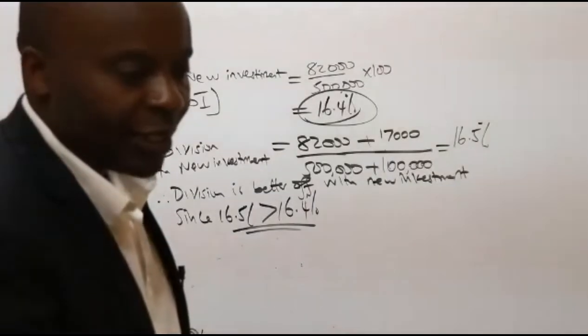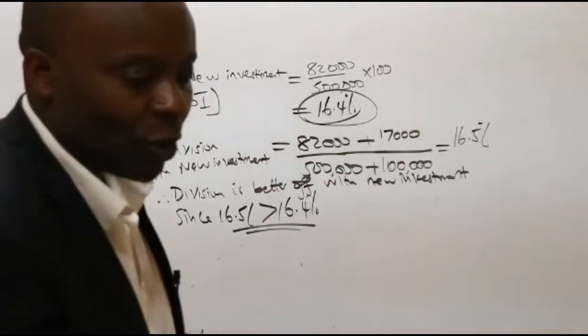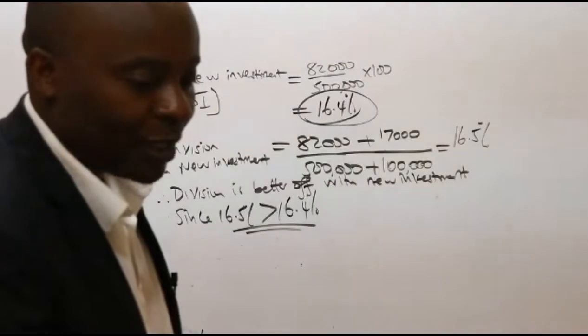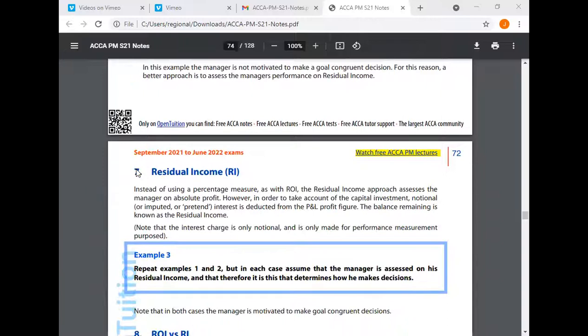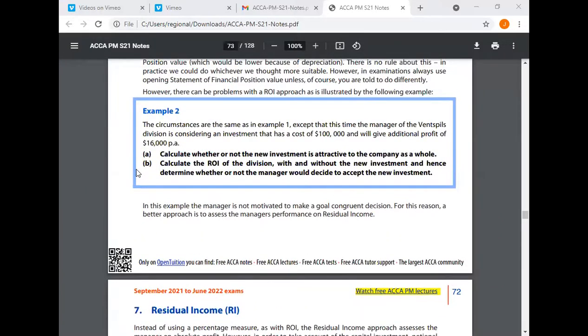All right. Now, ladies and gentlemen, before I go to a comprehensive question of performance appraisal, I would wish you to go and do example 2 yourselves. The circumstances are the same as in example 1, except that this time the manager of the Ventspils division is considering an investment that has a cost of 100,000 and will give additional profit of 16,000.